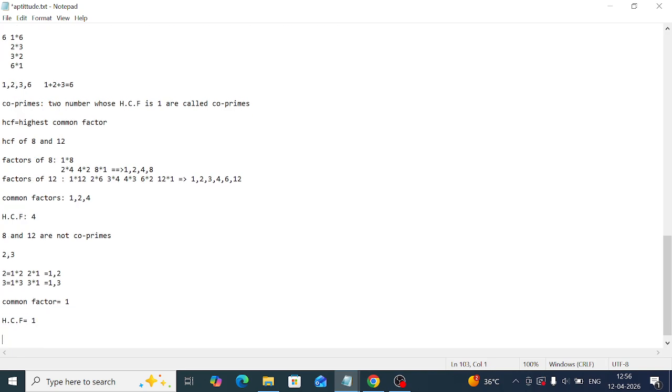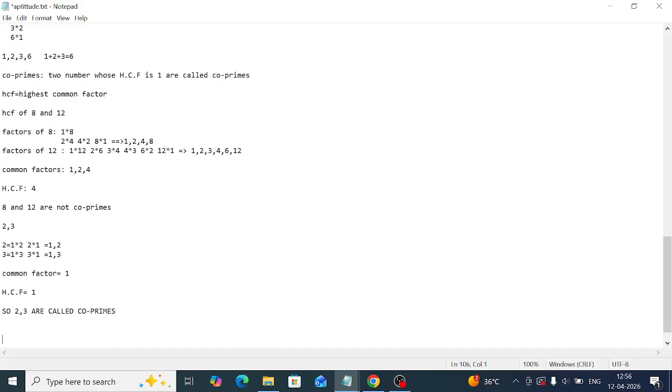Now, the two numbers are 2 and 3, whose highest common factor is 1. So 2 comma 3 are called co-primes. Okay, like this you are going to calculate co-primes.